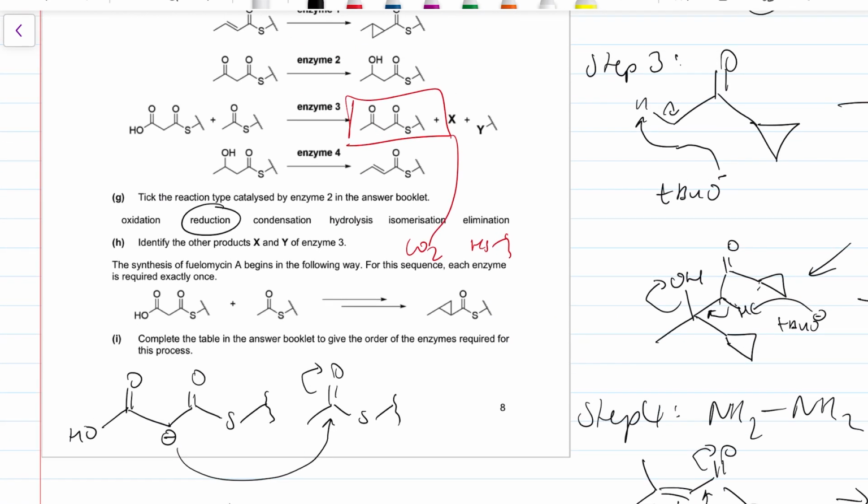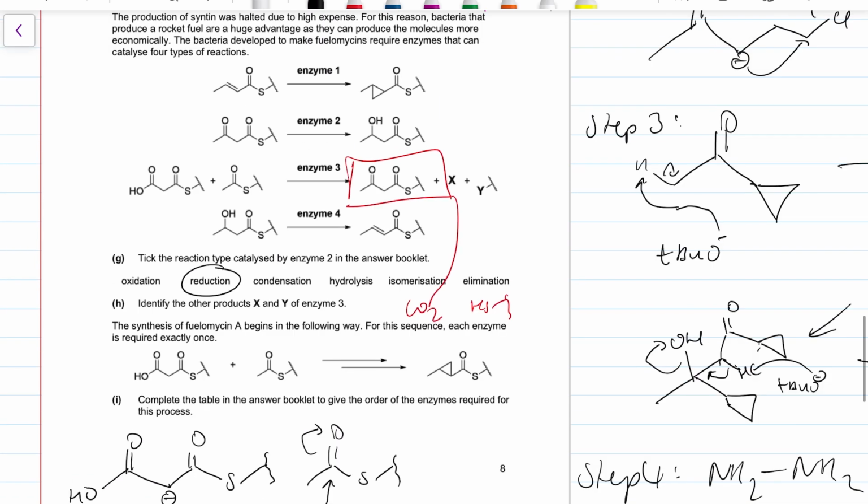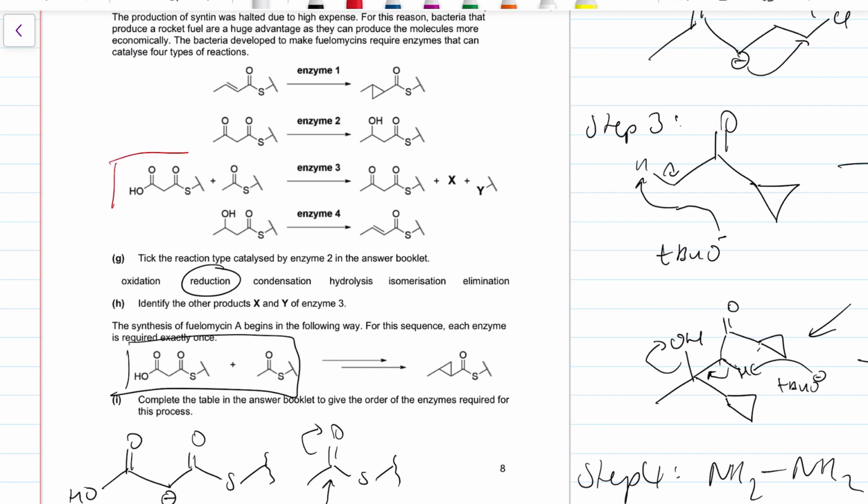Lastly, complete the table in the answer booklet to give the order of the enzymes required for this process. This is actually fairly straightforward once you've got your head around everything, because this is what we're starting with. You can see that this is exactly the same as the starting materials for enzyme 3. So that must go first. What goes after that? Well, we produced this, probably. That's the material that enzyme 2 needs to work on.